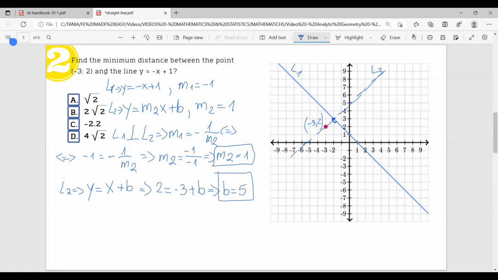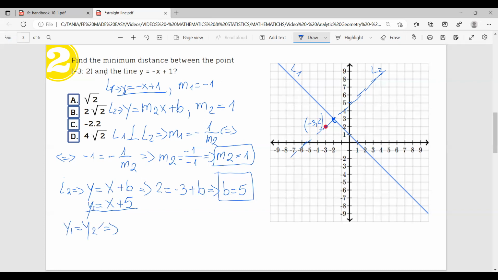All right, so we can rewrite our equation again. It will look like this: y equals x plus 5. This is the equation of the second line. And now we have these two equations of L1 and L2. In order for us to calculate this distance, we have to calculate the point where these two lines intersect. In order to find where these two lines intersect, we just have to take y1 equals y2.